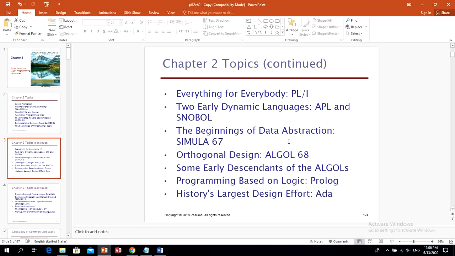Then the orthogonal design starts with ALGOL 68. As we said, it has a lot of versions, but these versions differ slightly in the syntax and also their features. After that, we're gonna touch base with some early descendants of ALGOLs, and then the Prolog and Ada languages.